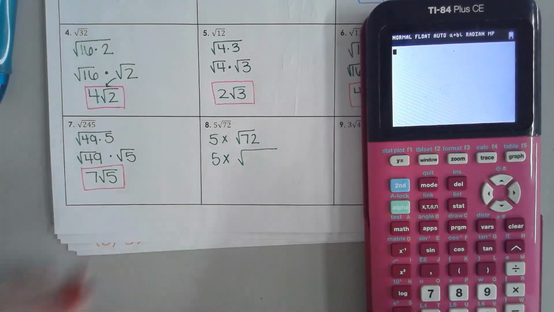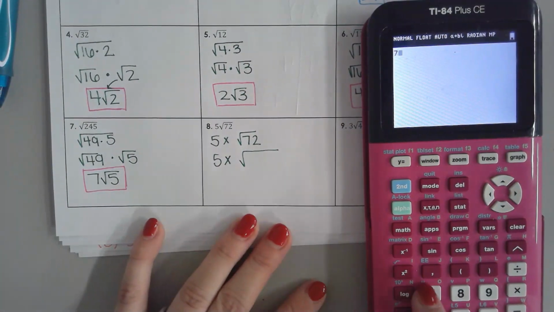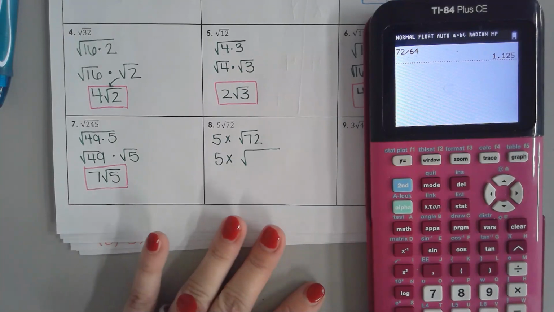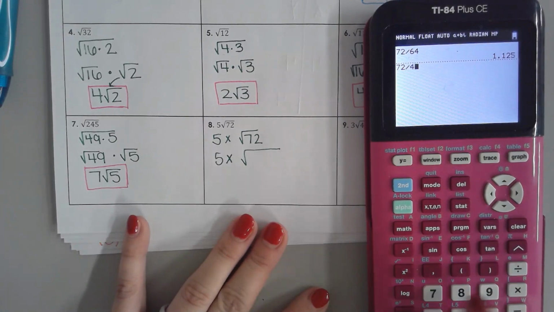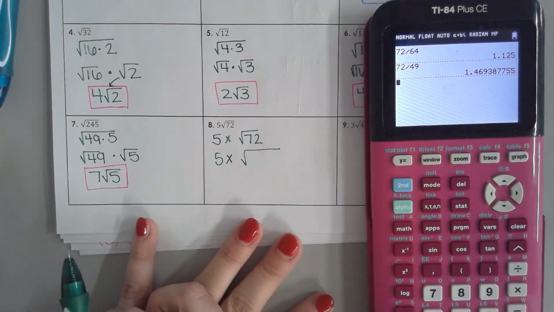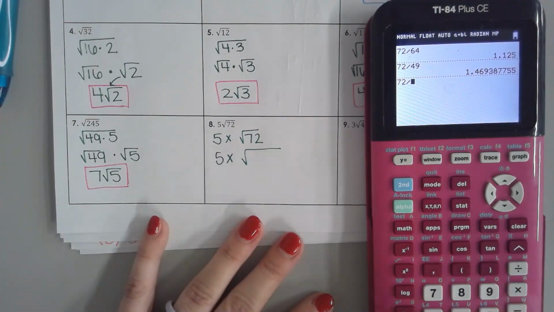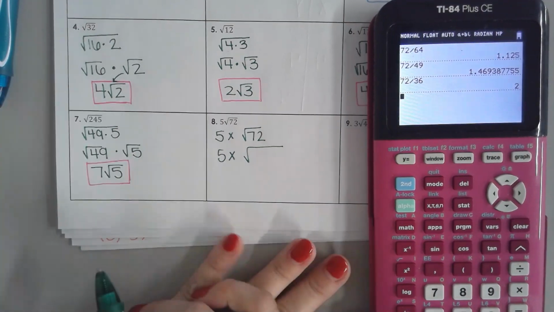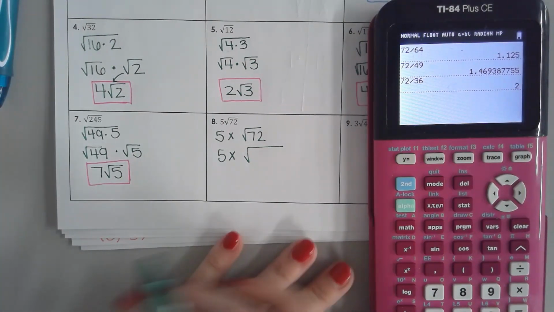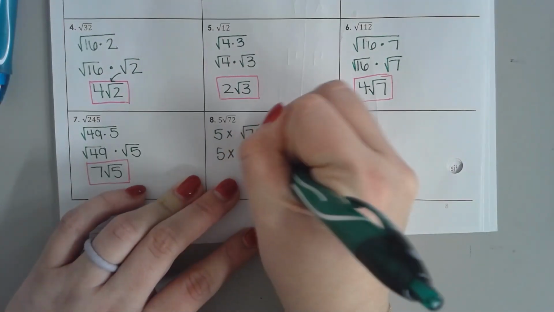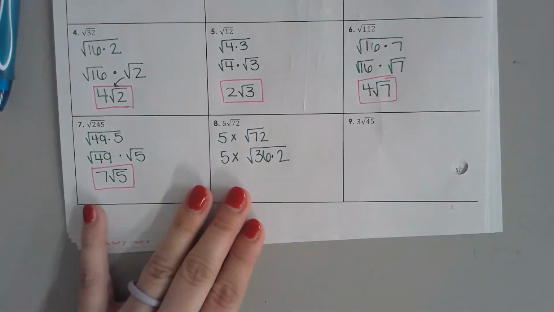So I would start probably with 64. 72 divided by 64, no. 72 divided by 49, no. 72 divided by 36, there it is. 36 times 2 is 72.